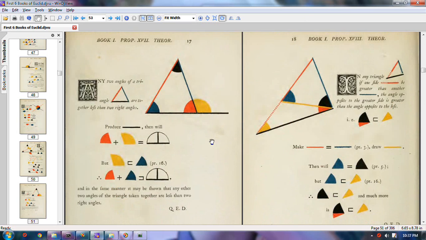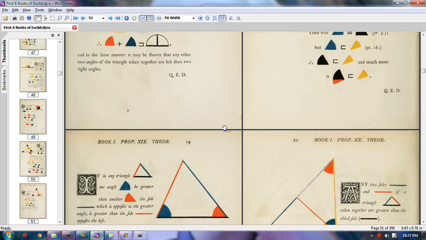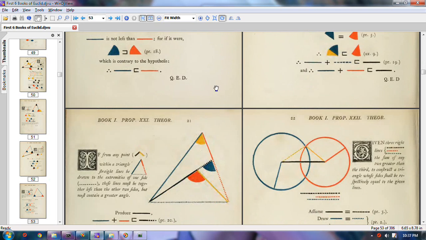I'm just wondering how long before we find out that the interior angles add up to 180. I don't see it immediately.